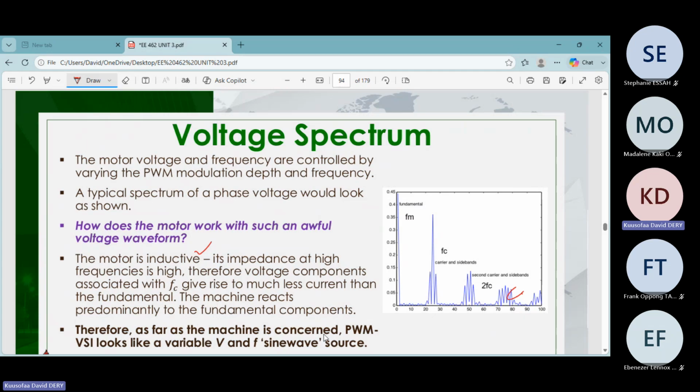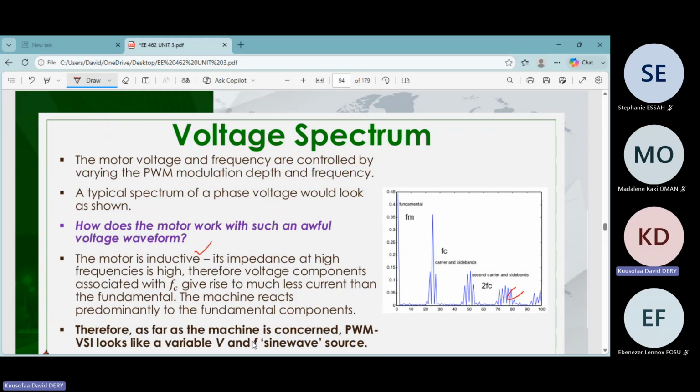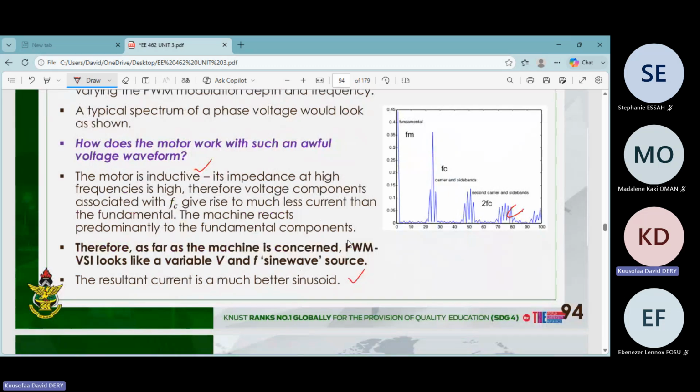As far as the machine is concerned, the PWM voltage source inverter looks like a variable frequency sine wave source. So the resultant current is much better, almost like a sinusoidal one. This is how we practically implement the variable frequency drive that we saw.